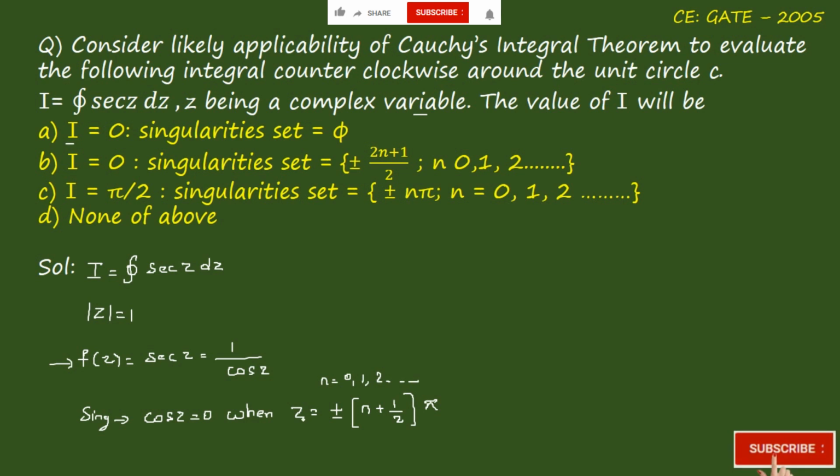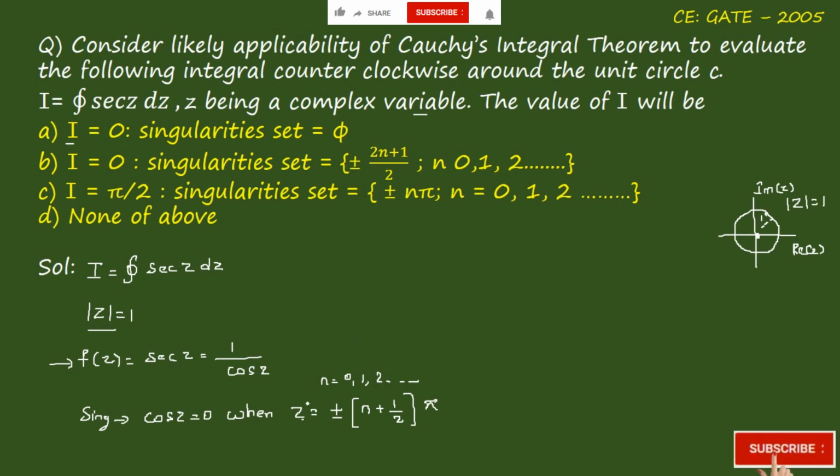Now we're checking whether these particular poles will be inside the circle mod z or not. Now if you consider axes here, this is the real part of z and this is the imaginary part of z. Now they are given mod z is equal to 1. It is centered at the origin and its radius is given as 1.